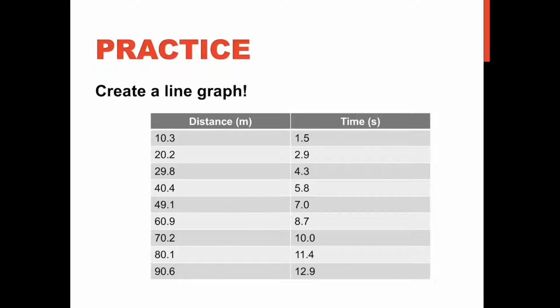But we have been given distance and time. Remember, I have always said time goes on the x-axis because time is what you're controlling. You're the one who's affecting the time. You can go slower, or you can go faster to make the time longer or shorter.